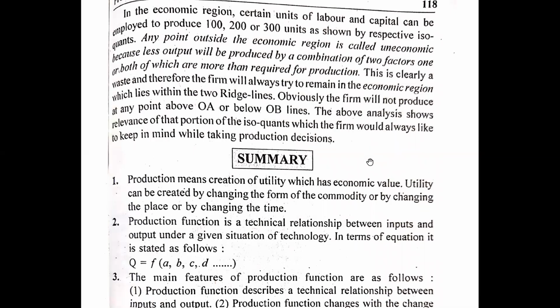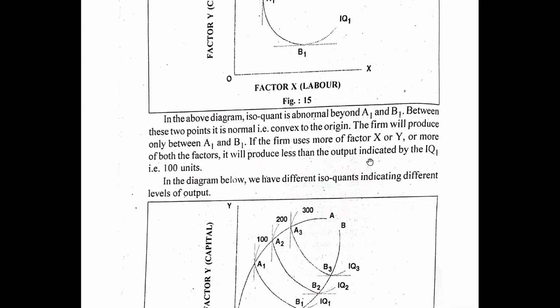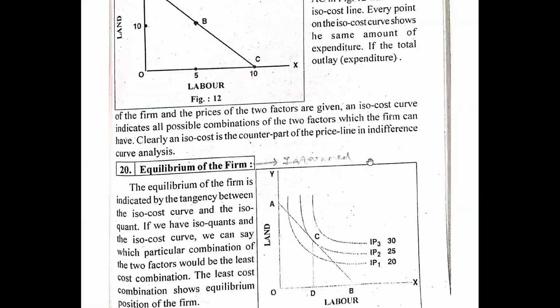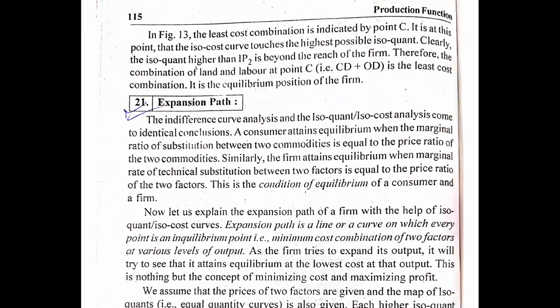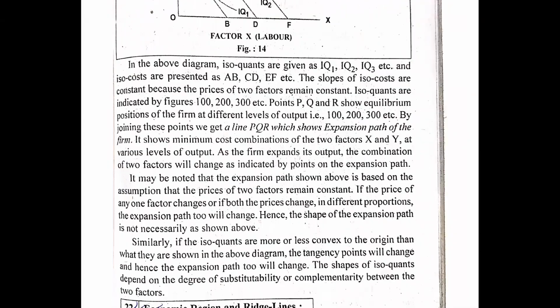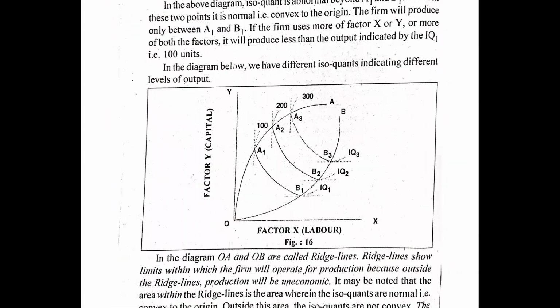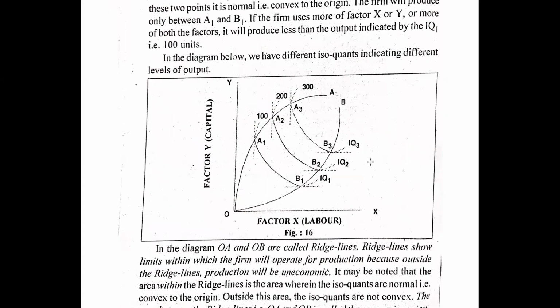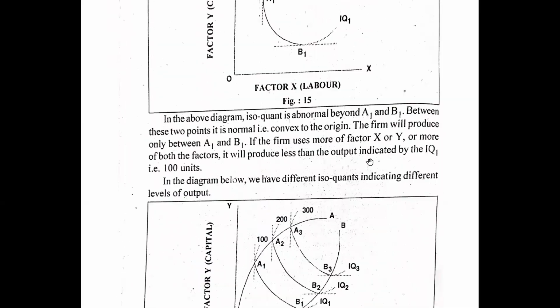So that's it for this chapter. And now we will again see all the points that we have already discussed in this chapter, and then we will come up with the last chapter of the syllabus. Now let's see what we have discussed.